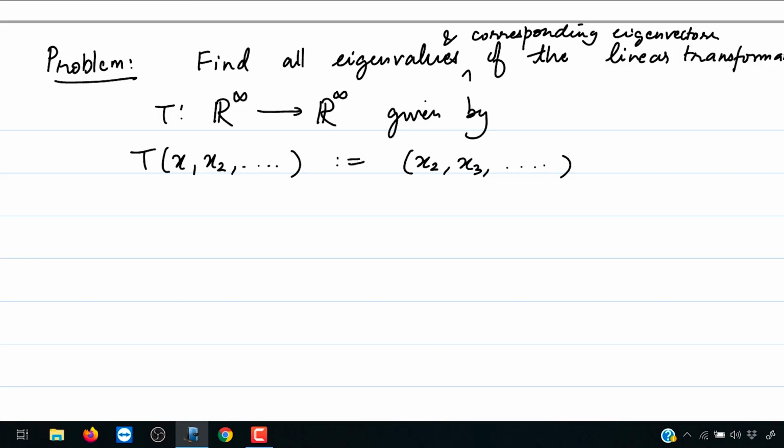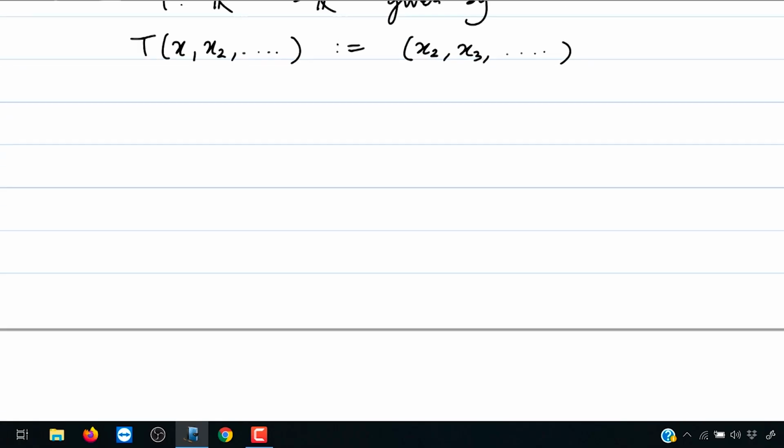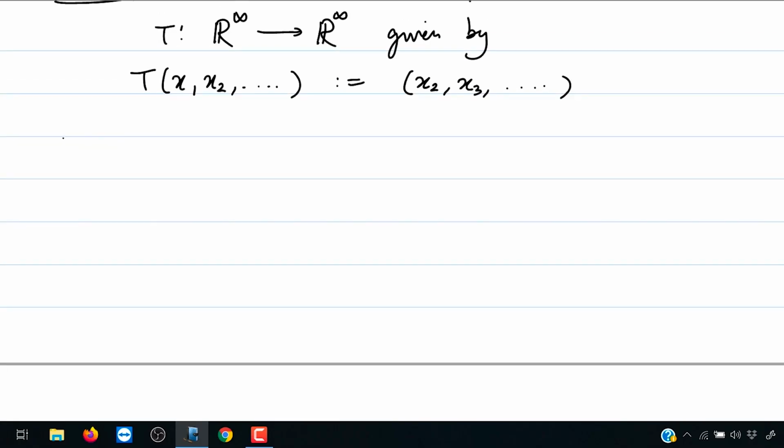Okay, so what will be an eigenvalue here? So the solution: let lambda be an eigenvalue.